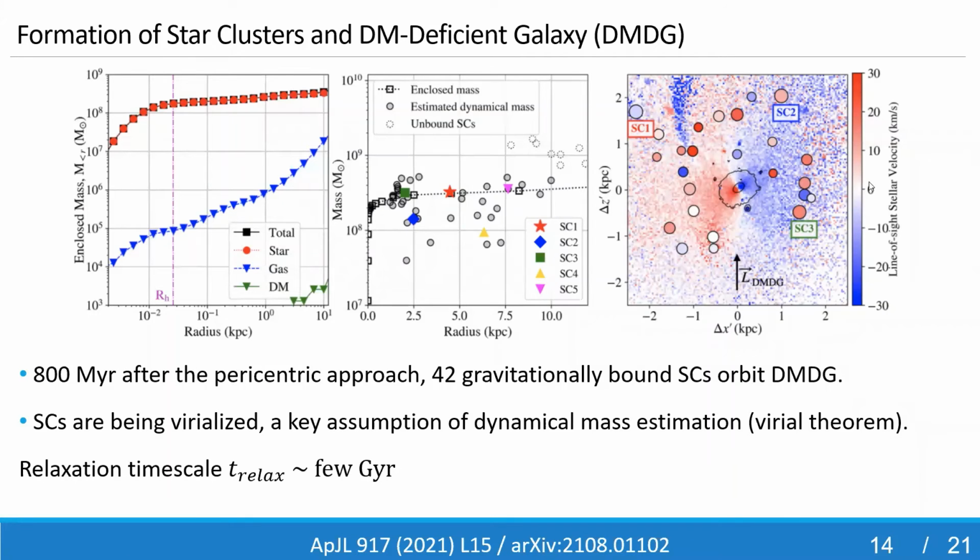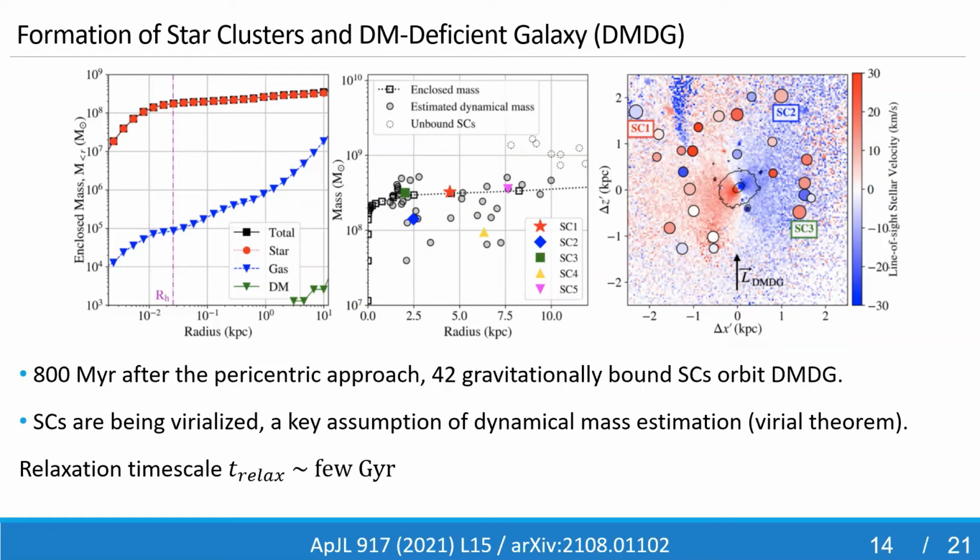800 million years after the pericentric approach, 42 gravitationally bound star clusters orbit the DMDG. So here, star clusters SC1 to 5 are the 5 most massive star clusters in our simulation.